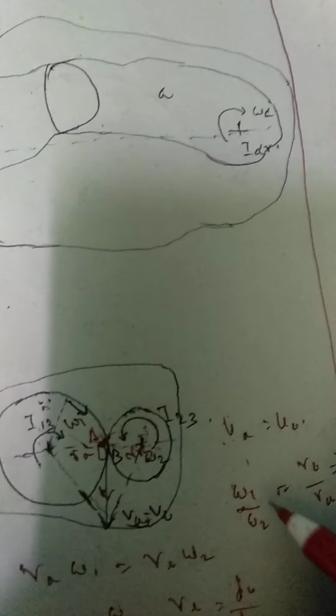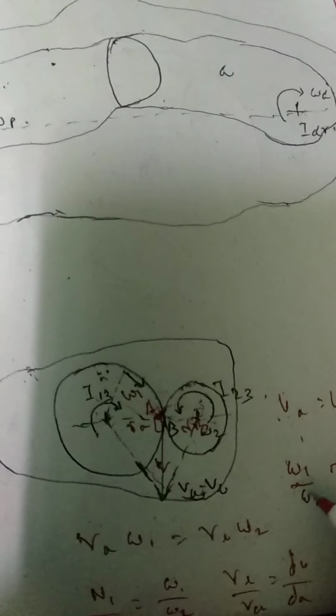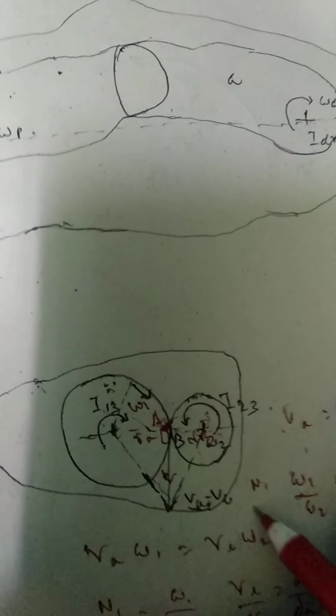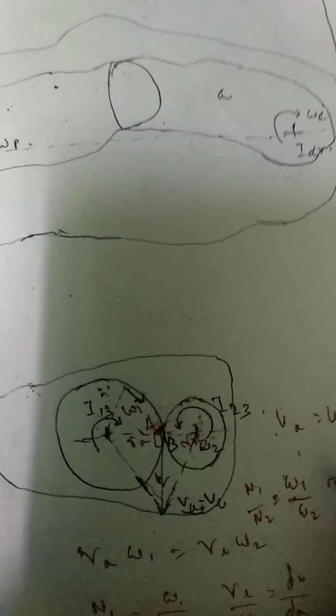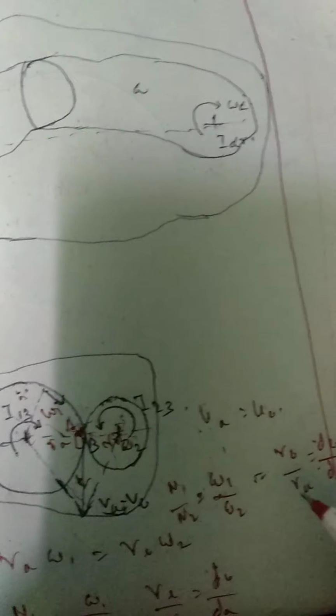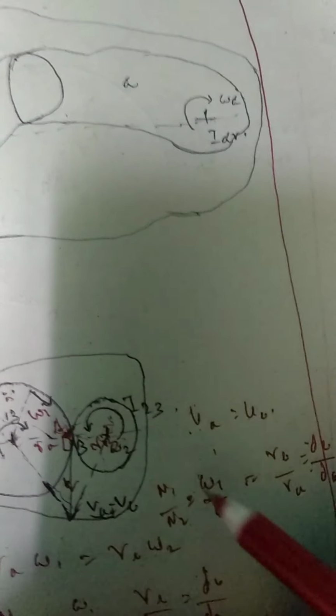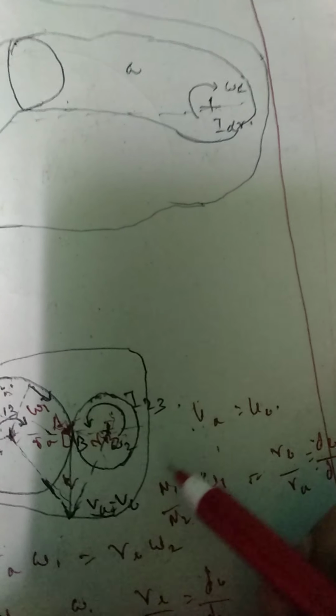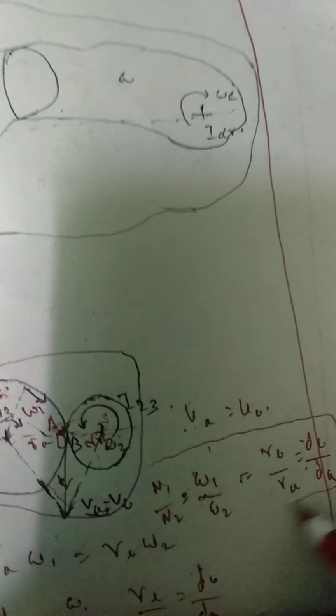Omega 1 by omega 2 is equal to N1 by N2. So this is the formula.